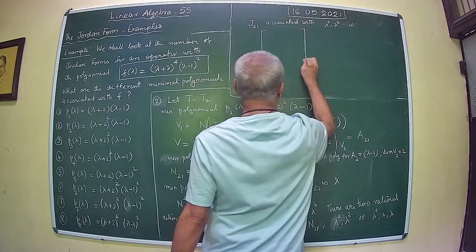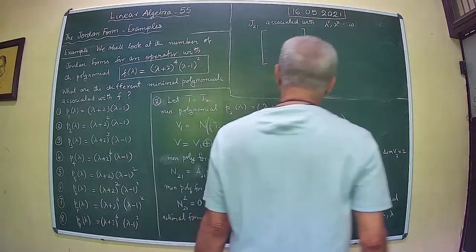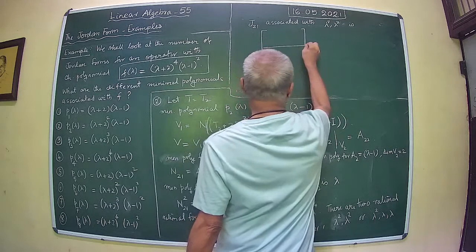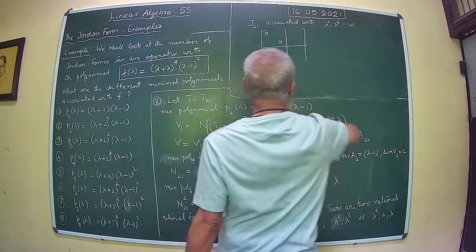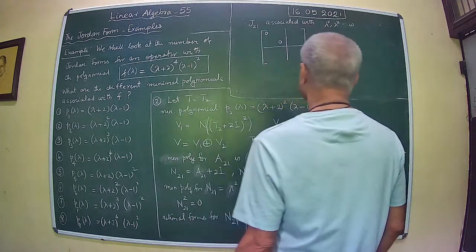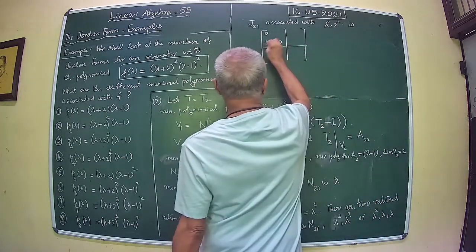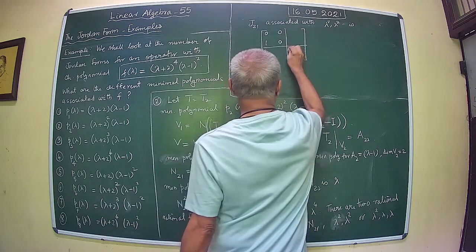It's a 4 by 4 matrix that you have, 0, 0, 1, 0.